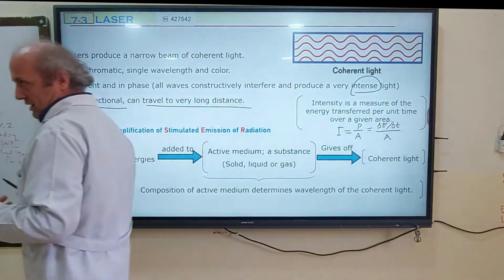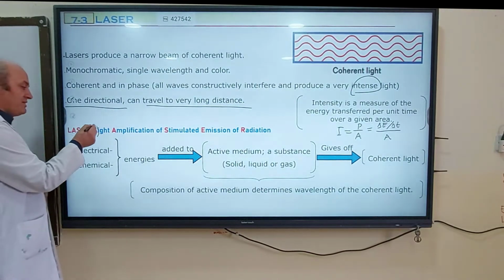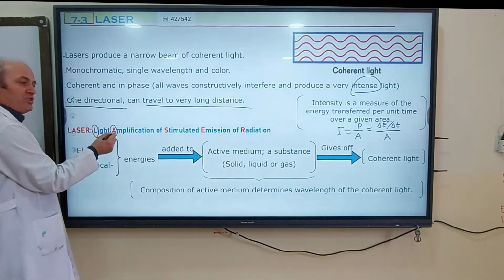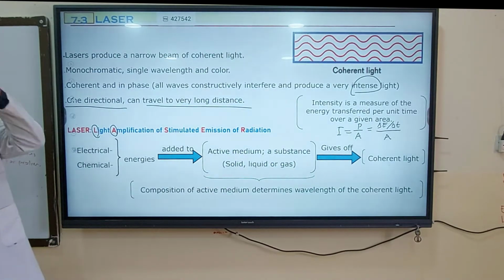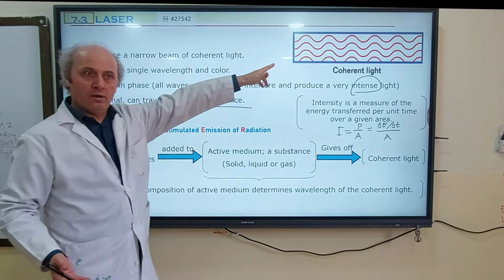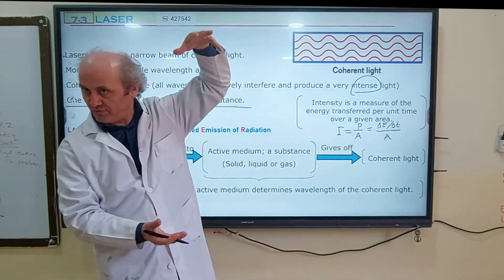So what does laser mean? Laser means light amplification. Do you know what amplification means? Increasing the amplitude. By making the waves coherent and in phase, we increase the amplitude of the wave.